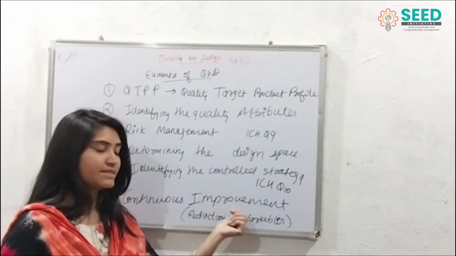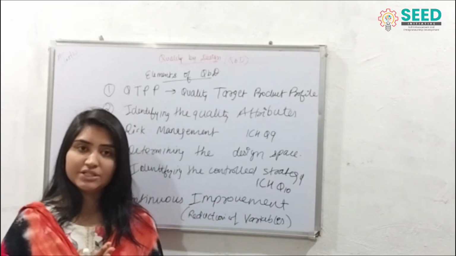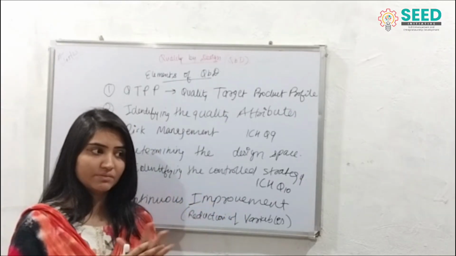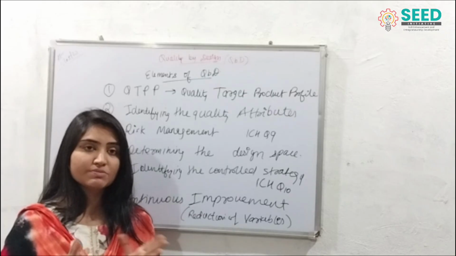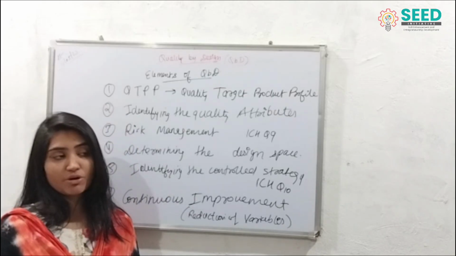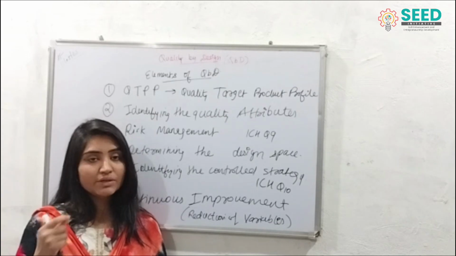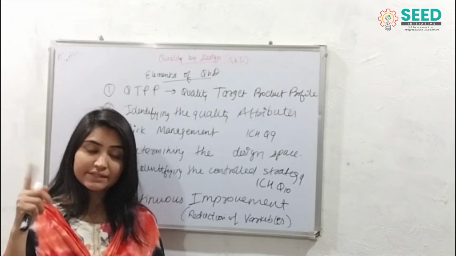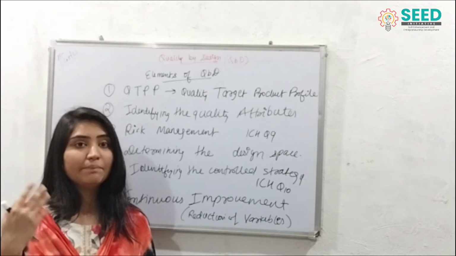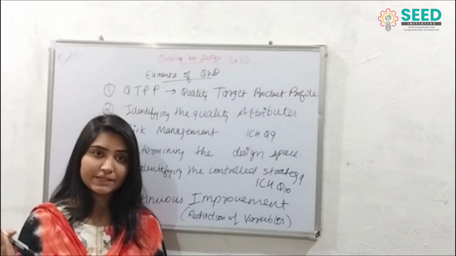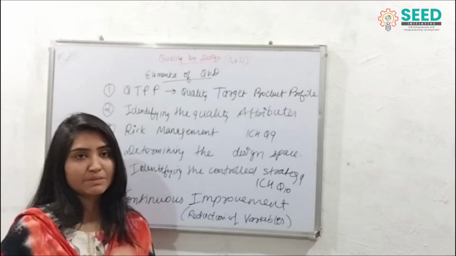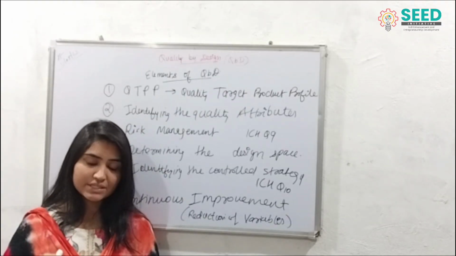Now improvement: if in case there is a change, even if the company or the bakery shop changes, then that change has to be only in the increasing level. The taste can only be better, only that change is acceptable. It cannot lose its quality.